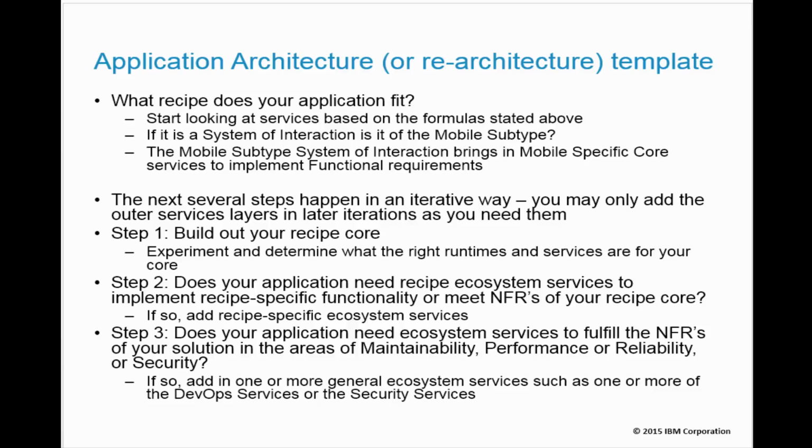Well, then you'll want to build that out farther and farther, and it's in those later iterations that you'll determine questions like, do you need these recipe ecosystem services to implement something like a push notification to a mobile application? Once you've got data in the database, you could then push it out to your mobile applications when some event happens, and that would be the next iteration of things that you would add on to it.